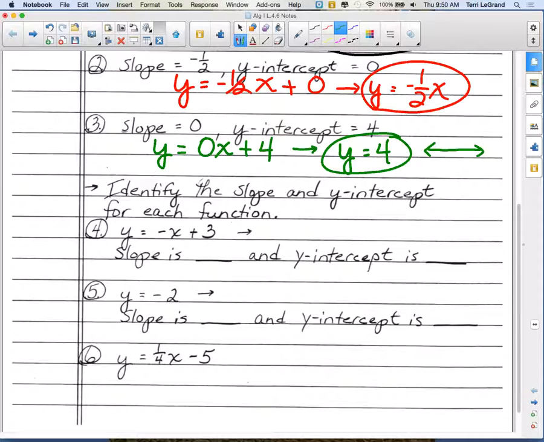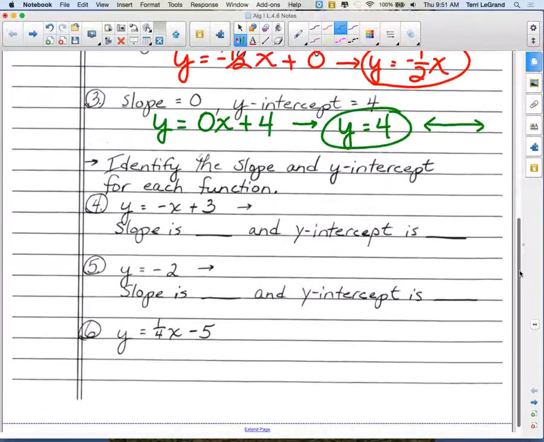Even though the 0x is missing, it came from 0x plus 4. When you have no x's, that means the slope was 0, which then means you're going to have a horizontal line, because horizontal lines have a slope of 0. So we can count on that when we see an equation y equals just a constant, you better be ready to immediately say, I have a horizontal line here.